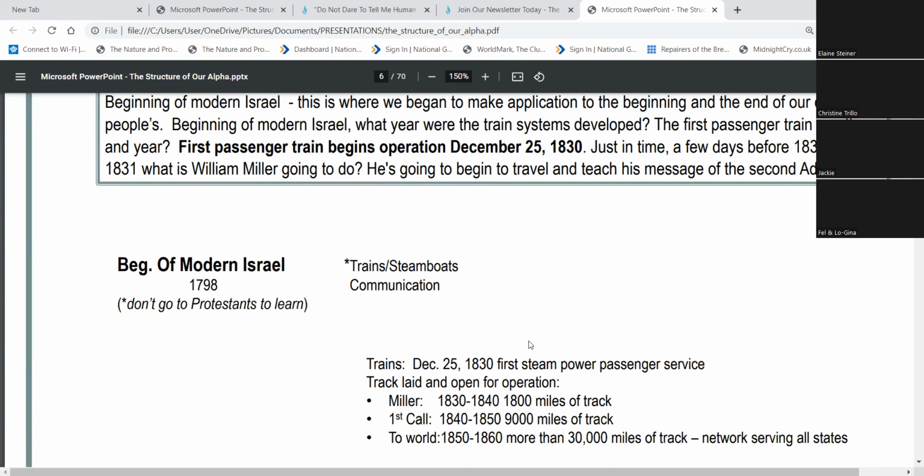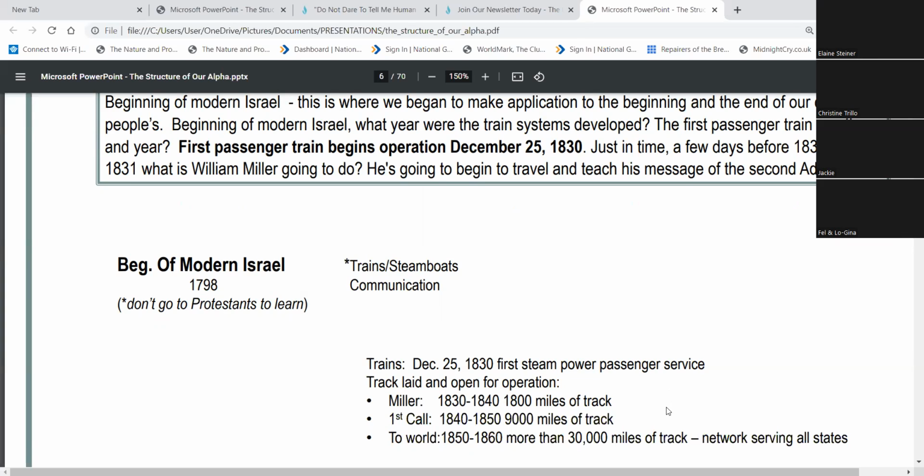It began in 1798. And also during this period, you have the inventions of trains and steamboats. The first train began running on December 25th, 1830. It was the first steam-powered passenger service.